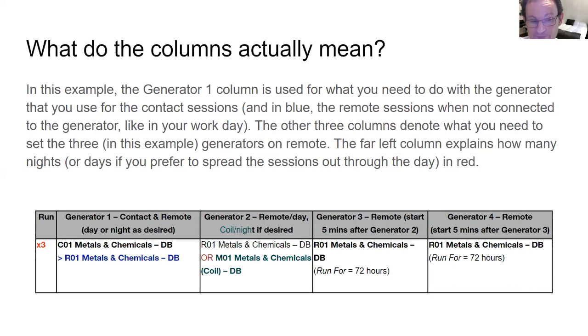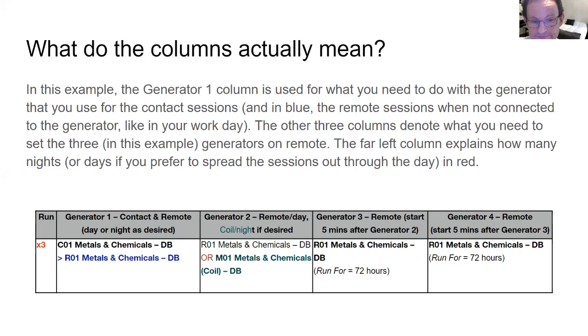And then in blue, beneath it, it says R01. Now, the rationale for that is that during the night, you're going to be running the metals and chemicals past the terrain. During the day, when you're at work and having arguments with the boss or going shopping and meeting with your family, you'll run the remote version on generator 1.